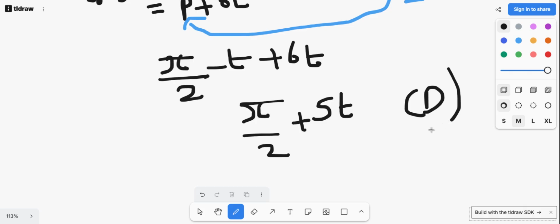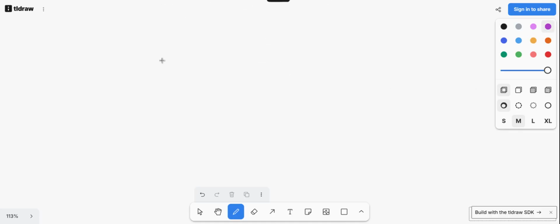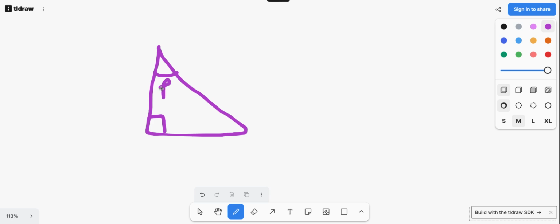So next time, whenever you see sine of p is cosine of t, remember that those add up to 90 degrees. So if I need to show you guys visually, let's say that we have a right angle triangle like this, and this is 90 degrees, and let's say this is p and this is t.